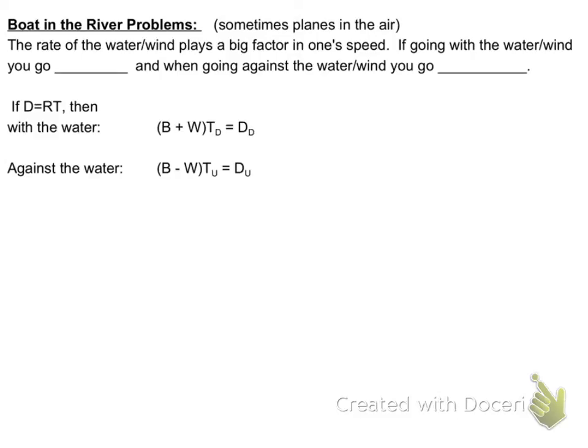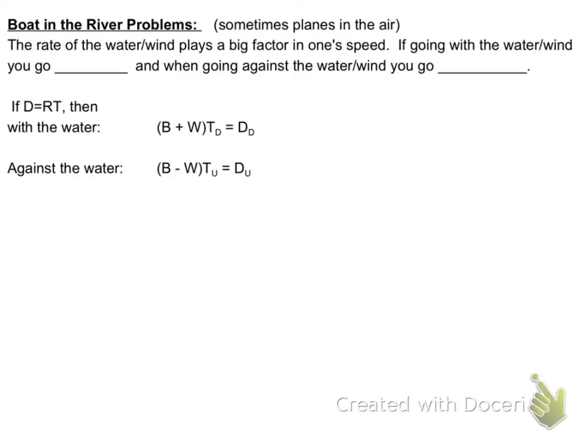I am, for our problems, always going to use B and W. Whether I'm talking about a boat, I'm talking about a bike, or a plane, or whatever. So I'm always going to stick with the same variables just to be consistent. They're going to give you some kind of connection. I can row 2 times as fast as the water. There's a connection there. I am going to make the same trip in twice as long as it took me to go downwind as I go upwind. Something on those lines.